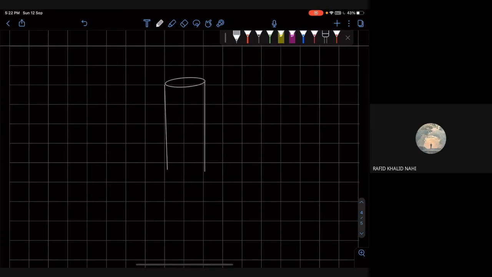It's very long, so that we don't have to worry about edge effects. This is the inside cylinder, and there's an outside cylinder. And in between, there's an empty space.